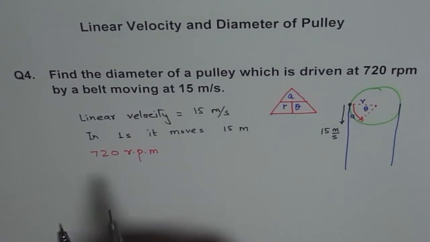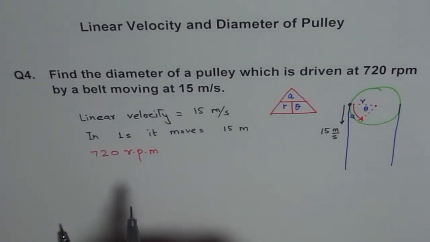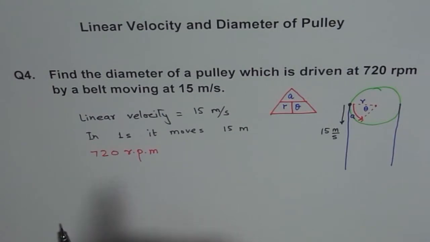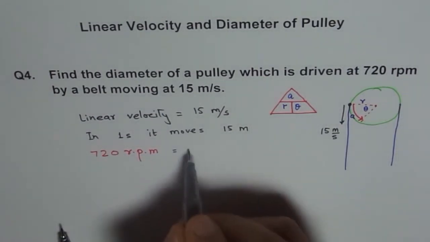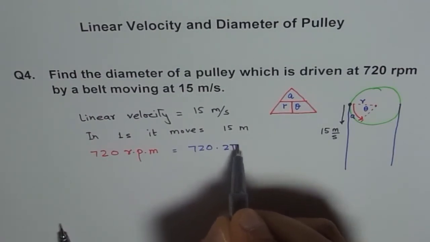So 720 revolutions per minute, in 1 revolution it will do 2 pi radians. So in a minute it is 720 times 2 pi radians.